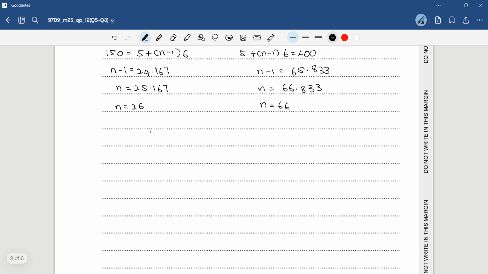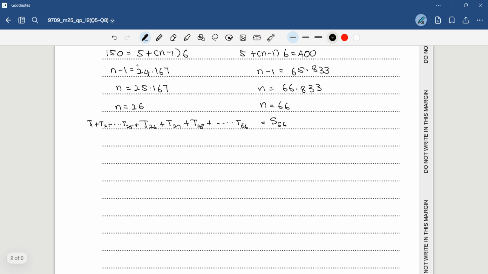So we're going to find T26 plus T27 plus T28 plus all the way until T66. So this is what we're going to find. If I do S66, it will be T1 plus T2 plus all the way until T66.